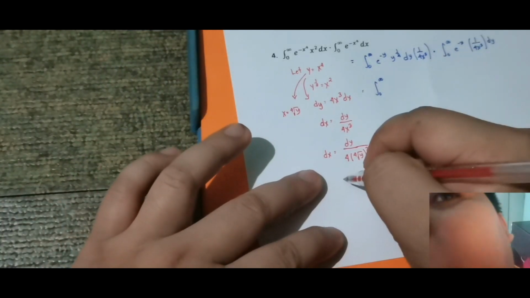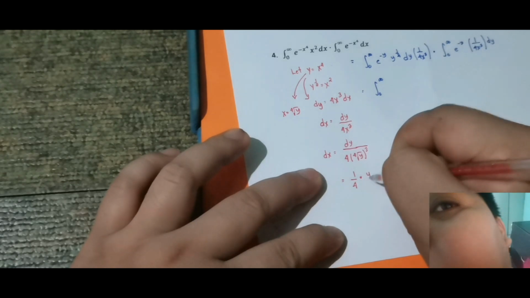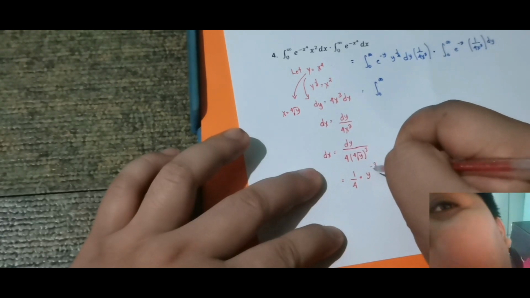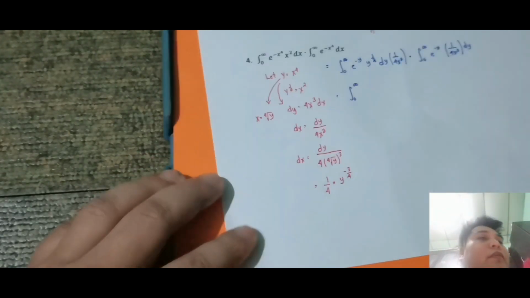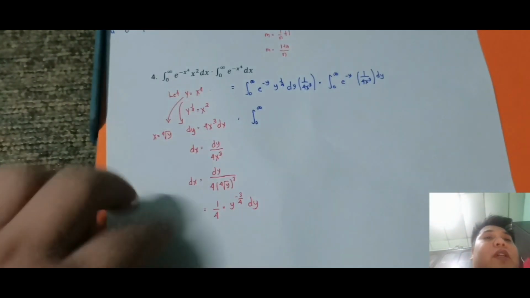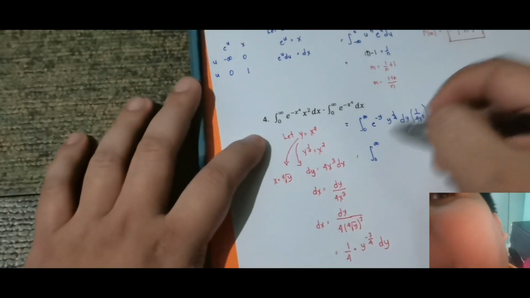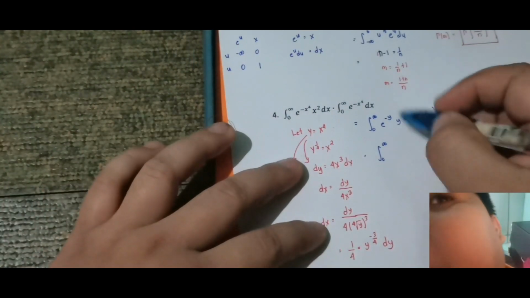Or simply, pwede ko siyang baliktarin. This is just 1/4 multiplied by y raised sa negative 3 over 4. Tapos, dy. So, I guess pwede ko na siyang gamitin doon. So, para makita natin, this is just may 1/4. Sabi nga nung ating na-solve, may 1/4 daw to.